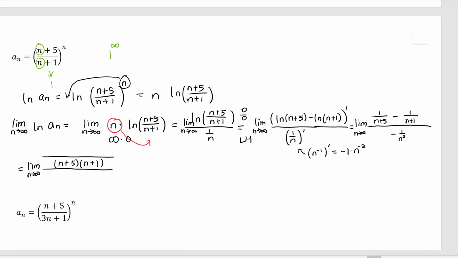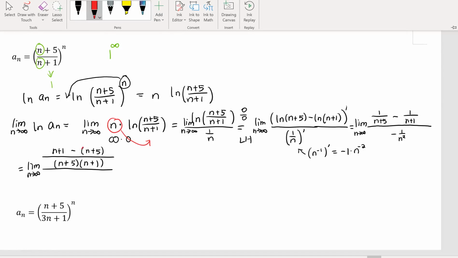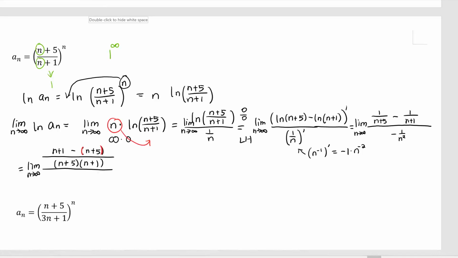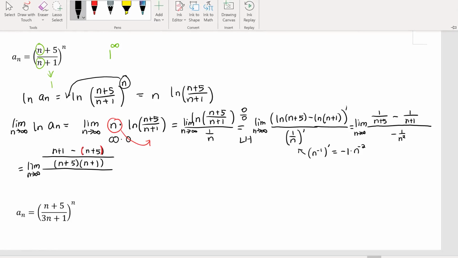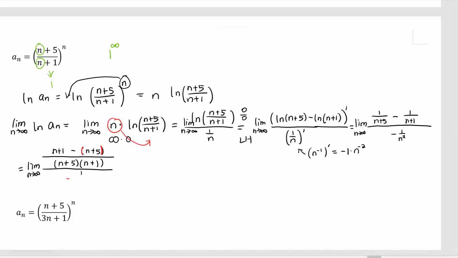The first term we multiply by n plus 1, and the second term we multiply by n plus 5. And please, don't forget your baby. Your baby is super important. Without your baby, you'll be wrong. Okay, so let's continue. Minus 1 over n squared.